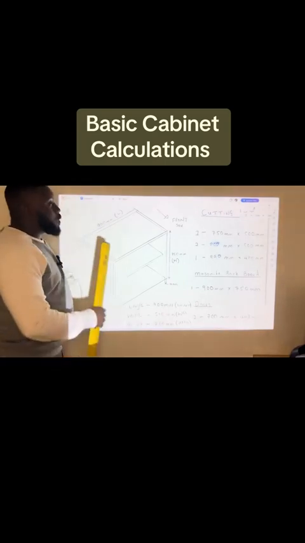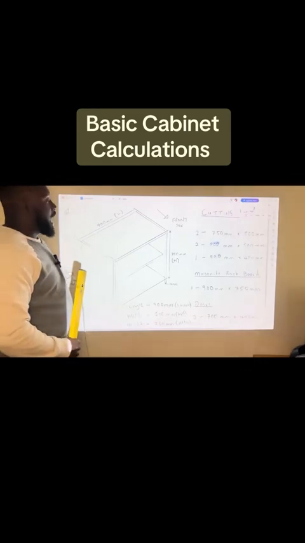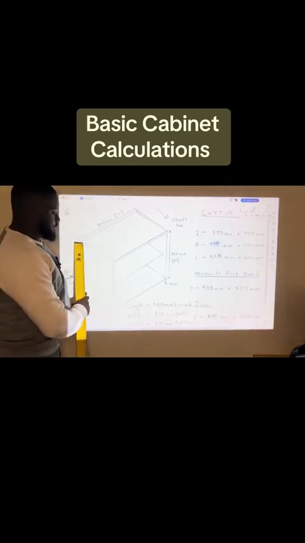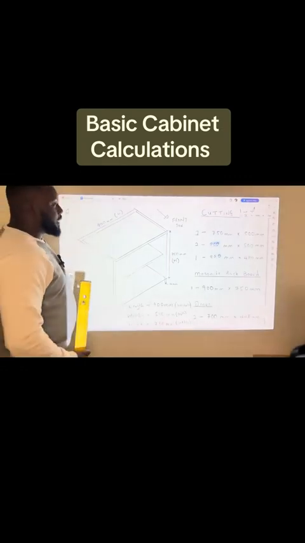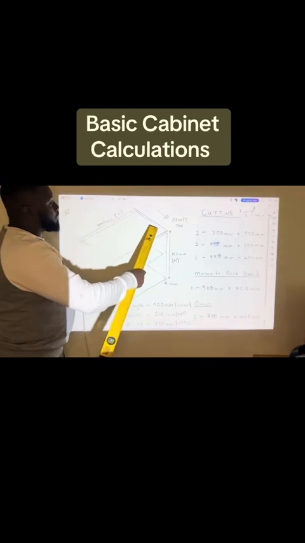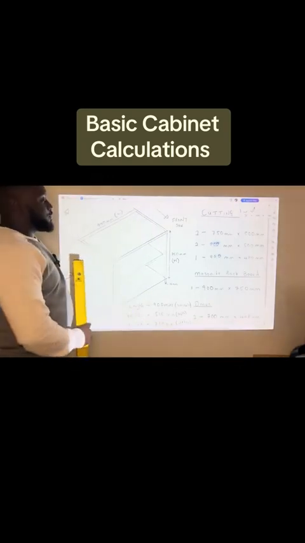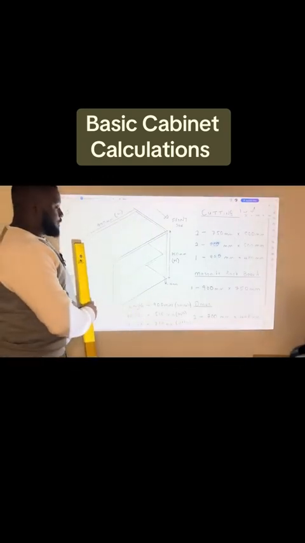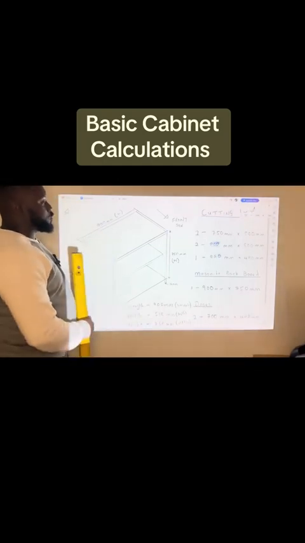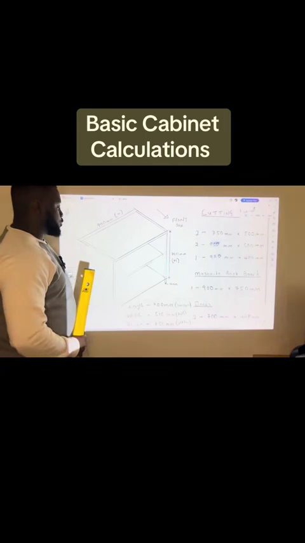For instance, the way I have drawn this diagram, I know that my screws are going to be on the side panels here. Some people put them on the top and bottom panels, but I've used this as a simpler way so that we can understand what we are trying to achieve here.